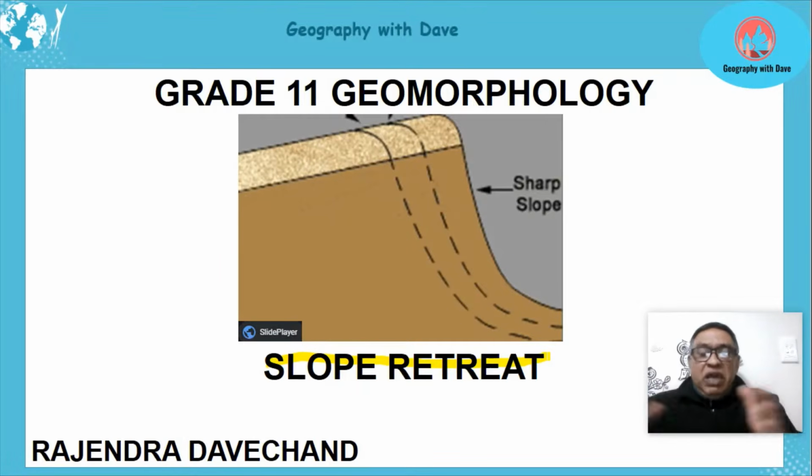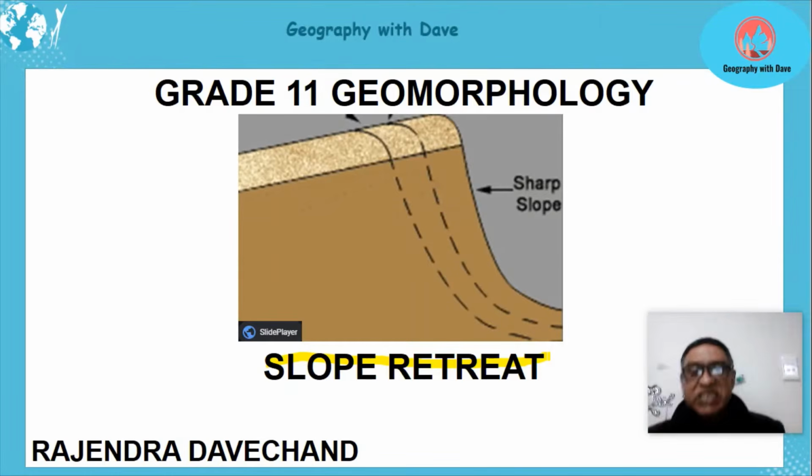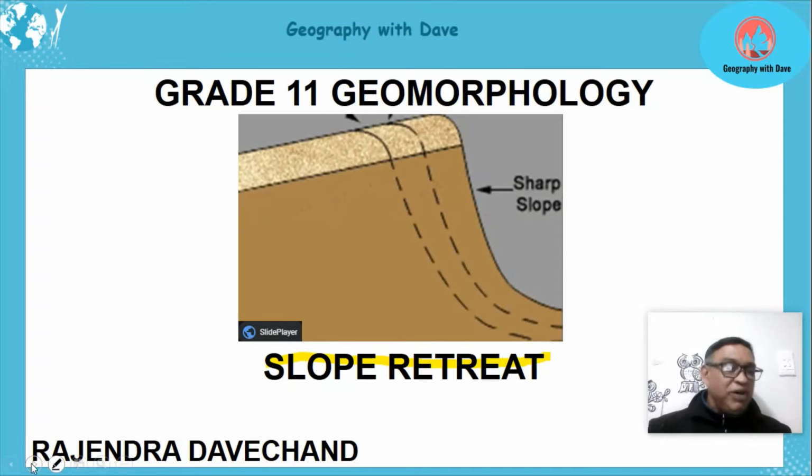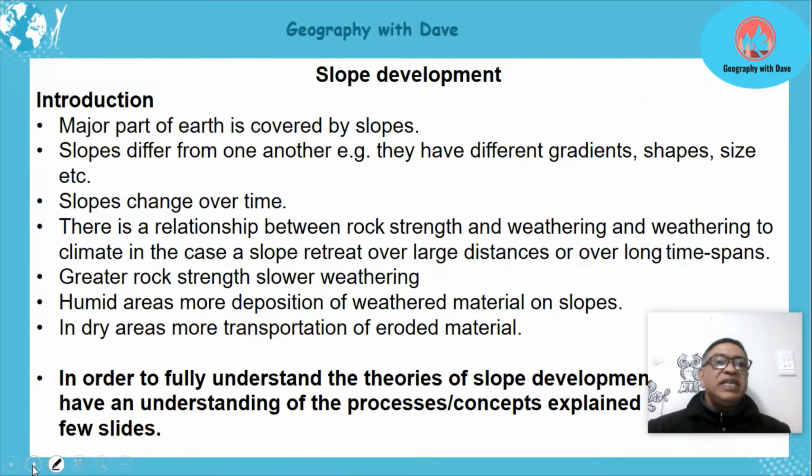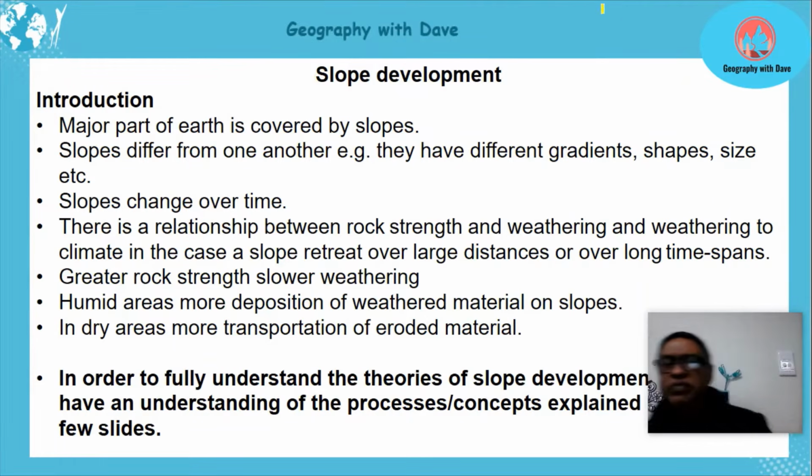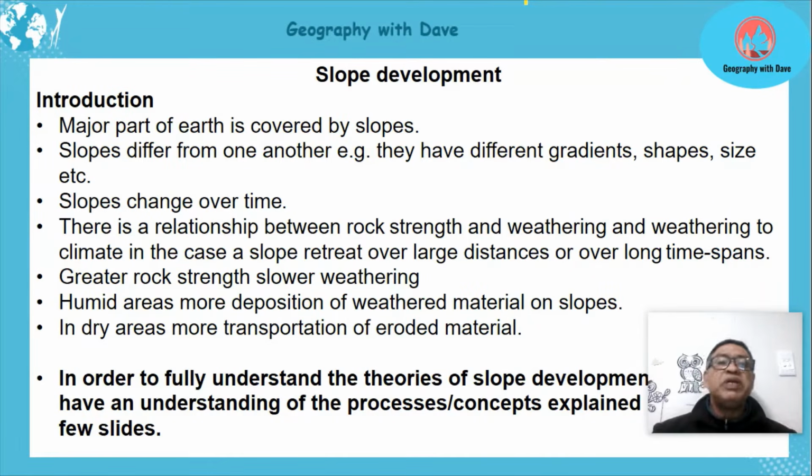So I'll be talking about a few issues around it in order to get an understanding of slope retreat. Otherwise, it's just hanging, as I always say. Okay, so let's look at the first aspect, a little introduction into slope development.